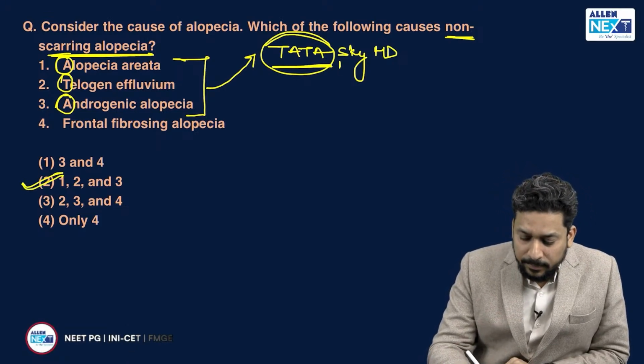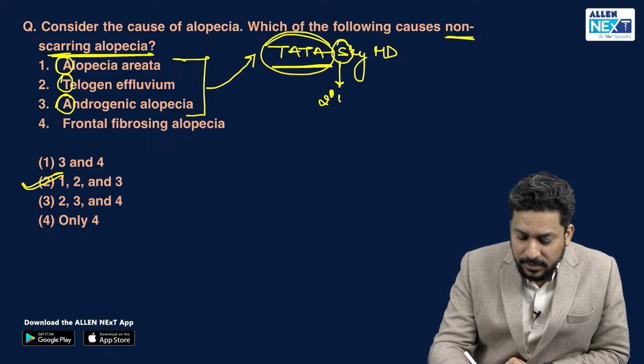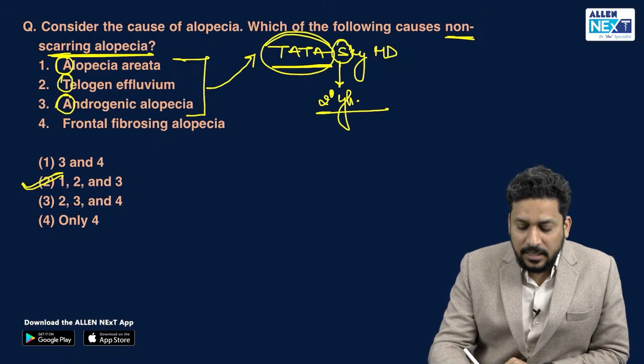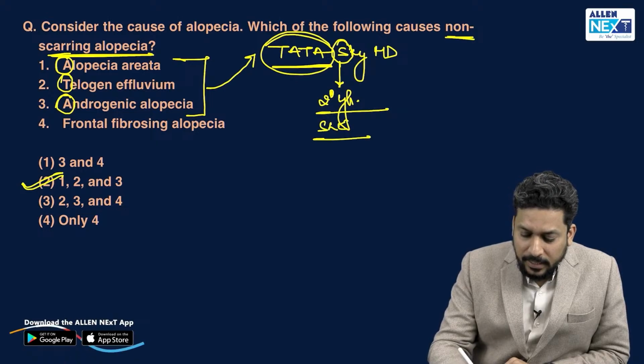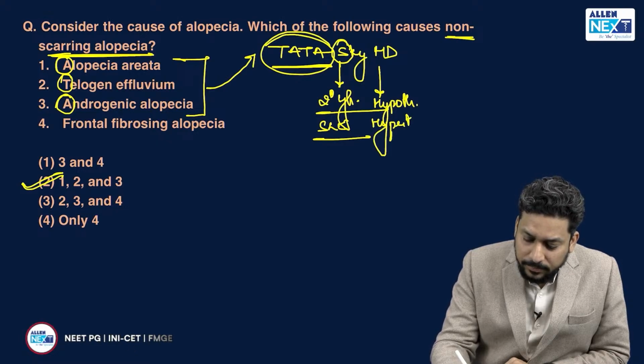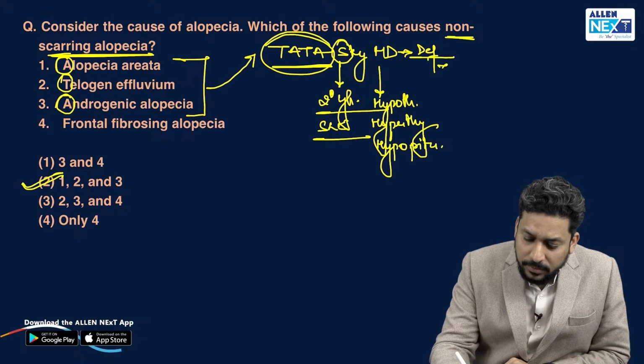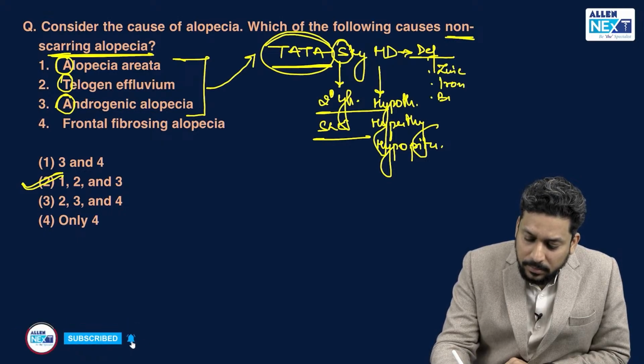Other than this, there are other causes also which start with S, like secondary syphilis, where moth-eaten alopecia is seen, SLE, then hypothyroidism, hyperthyroidism, hypopituitarism, and certain deficiencies like deficiencies of zinc, iron, biotin.